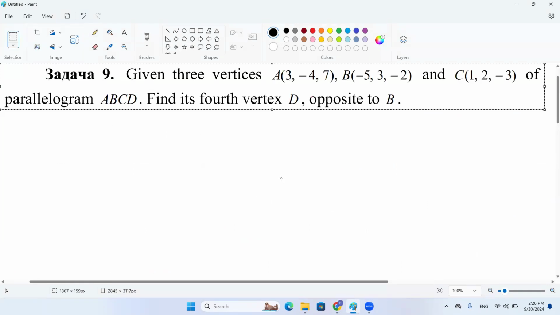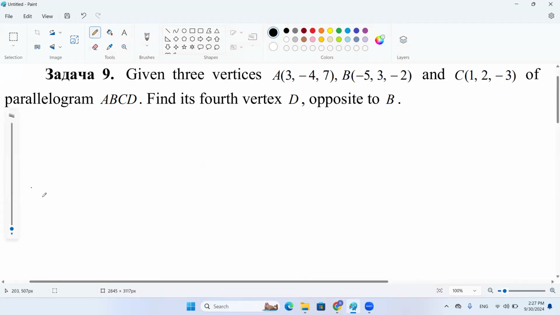Just which formulas to use. So we have 3 vertices of a parallelogram, and we need to find the fourth vertex, D. It's opposite to B. Firstly, it's a good idea to draw it. Okay, let's do it more accurately.